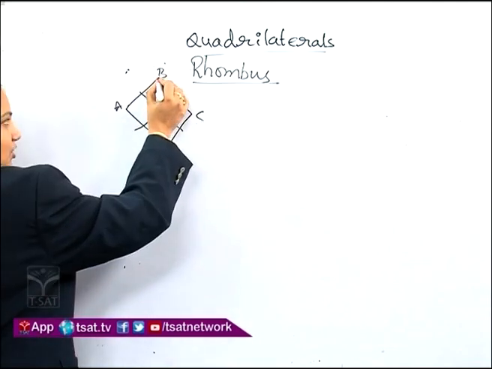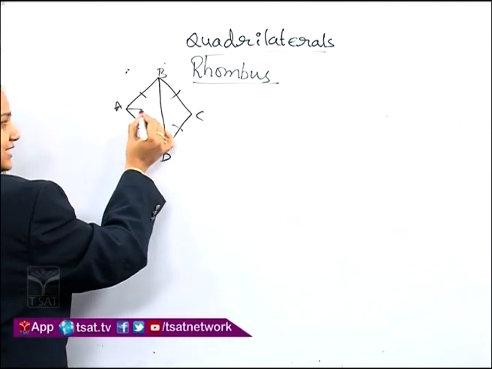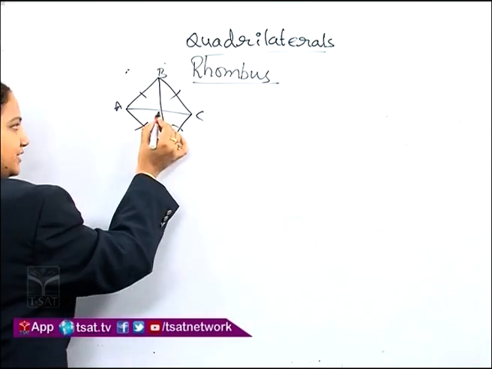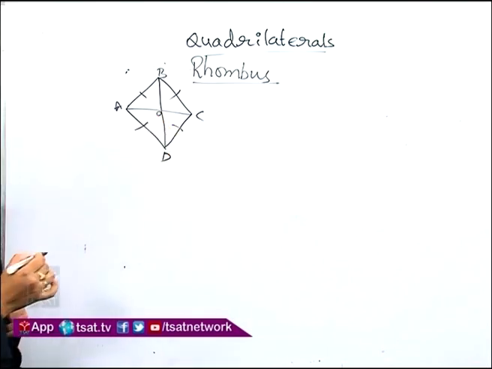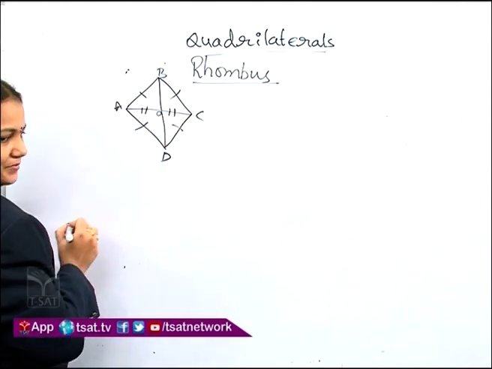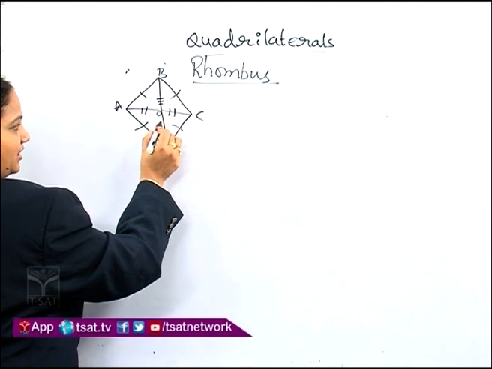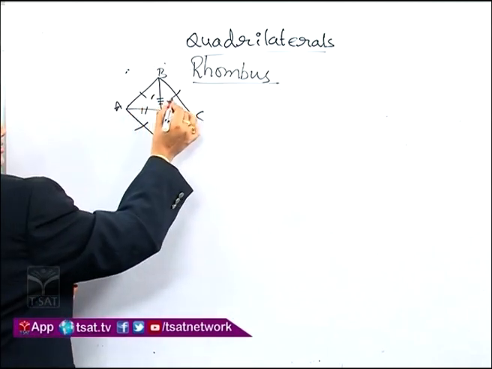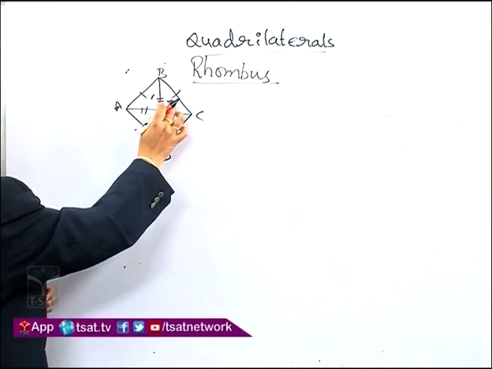Now, if I join here also, as we are saying that it is a parallelogram, there are 2 diagonals. If you join those 2 diagonals, they both intersect at O, and the diagonals bisect each other. That we know as a property of a parallelogram. So here in this rhombus, observe triangles AOB and BOC.